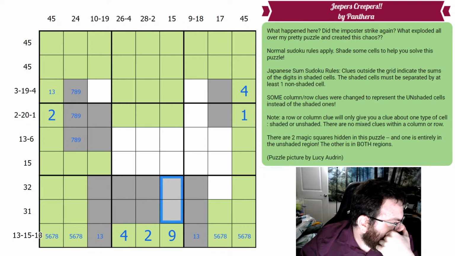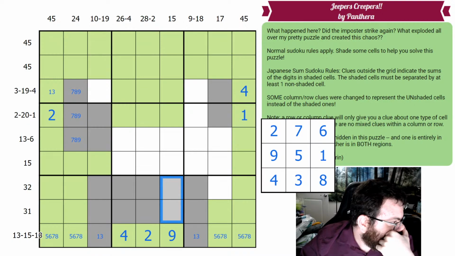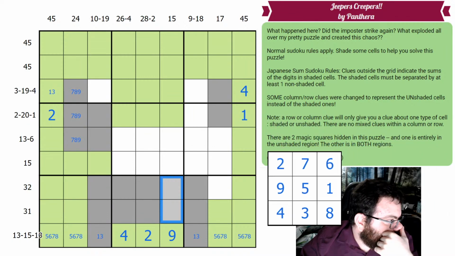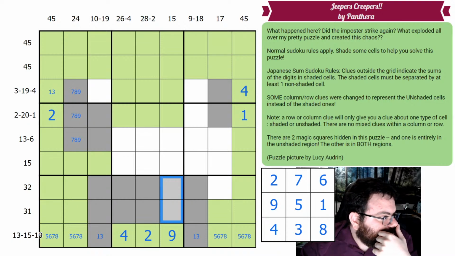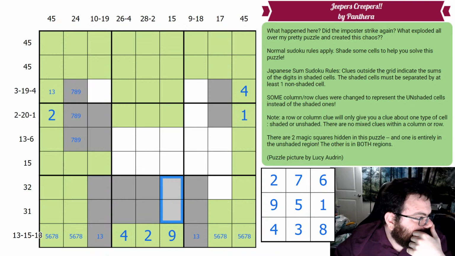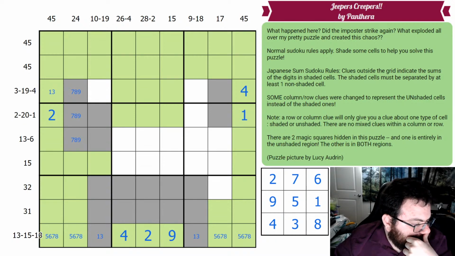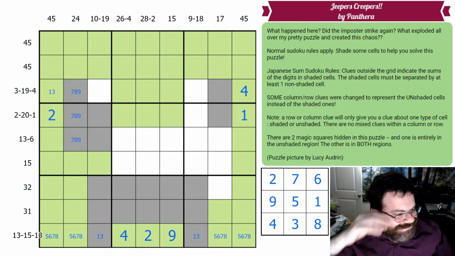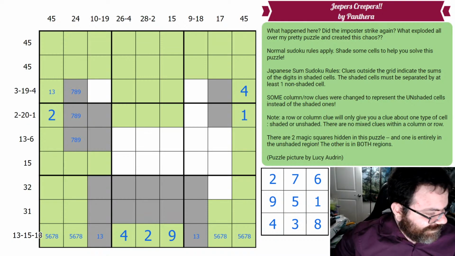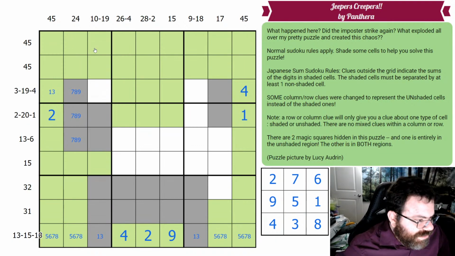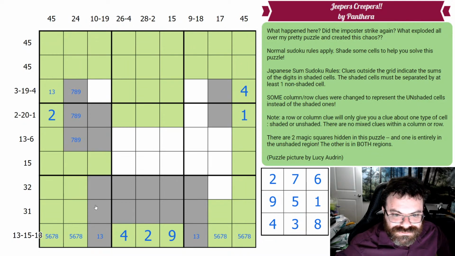I should pull up my magic square at some point. Here. Magic square. Column 3, 19 can't be just too long.